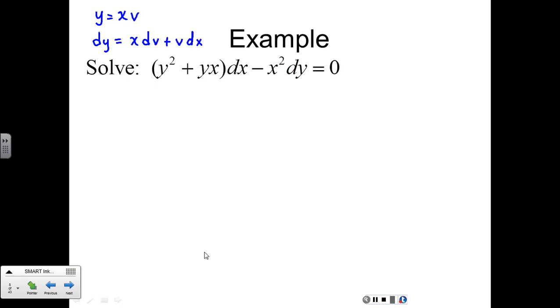You're going to make those substitutions every time in a first order homogeneous equation. So here we go. On the left side, y squared would actually be x squared, v squared. Plus y times x, go ahead.